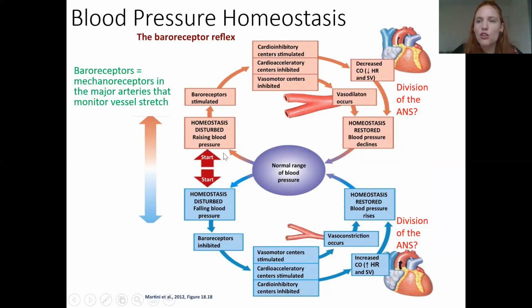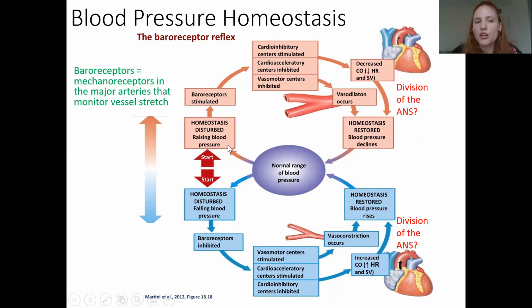Okay, so let's look through how that works. Here is the negative feedback loop right here. We'll just look at the top, but you could look at the bottom as well. It's the same thing. You try to maintain a very consistent, normal range of blood pressure.